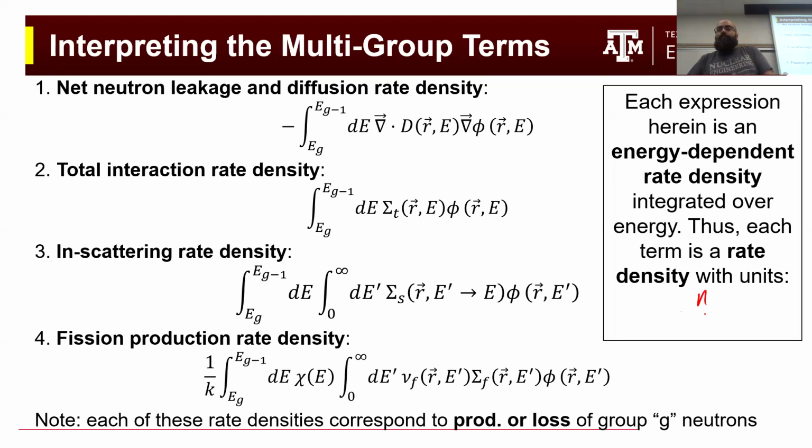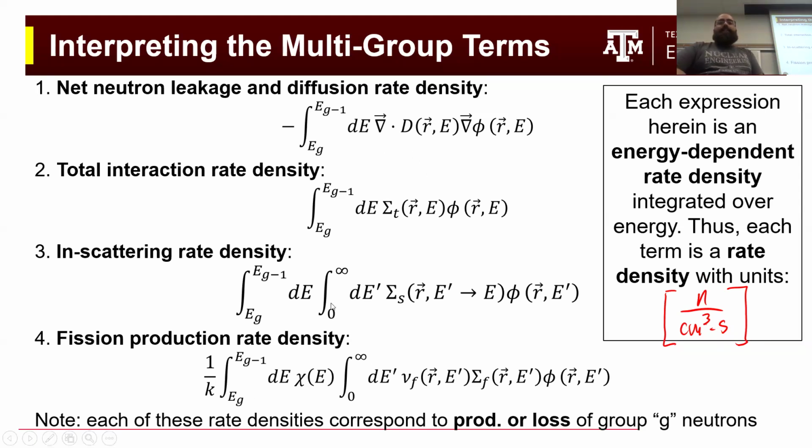Each of these terms has units of neutrons per unit volume and per unit time. Because before it was neutrons per unit volume, per unit time, and per unit energy, but then I'm integrating out the energy information. So in this sense, each of these terms has a similar meaning to what the quantities had in the one group diffusion equation.